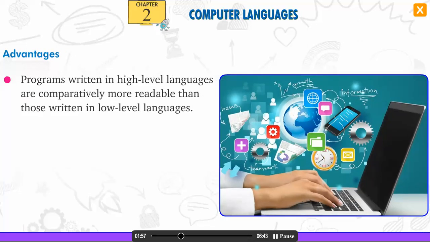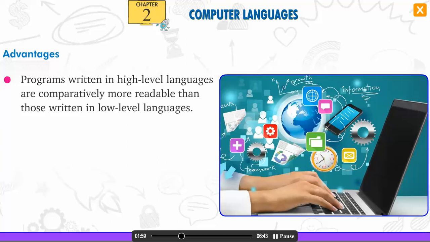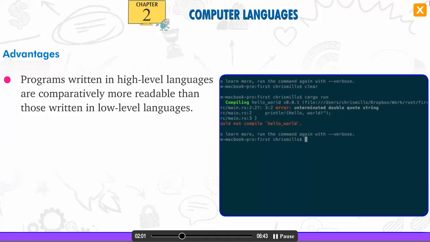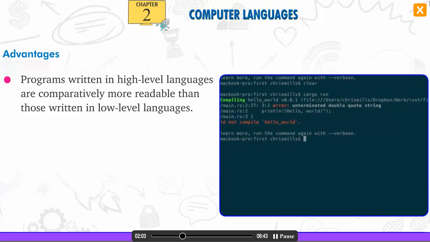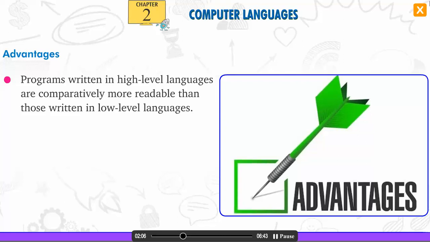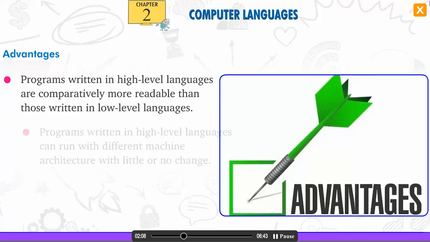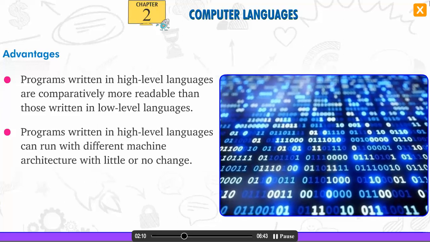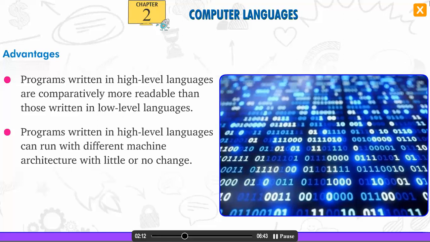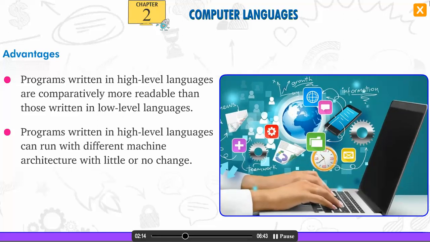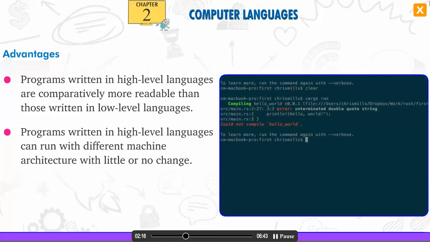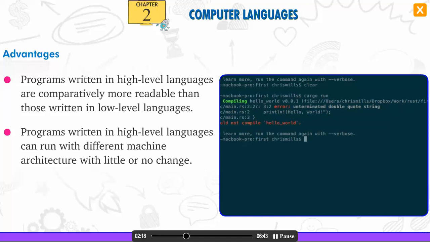Advantages: Programs written in high-level languages are comparatively more readable than those written in low-level languages. Programs written in high-level languages can run with different machine architecture with little or no change.